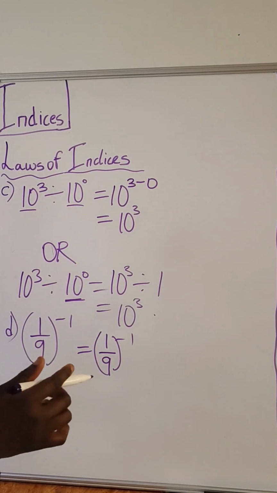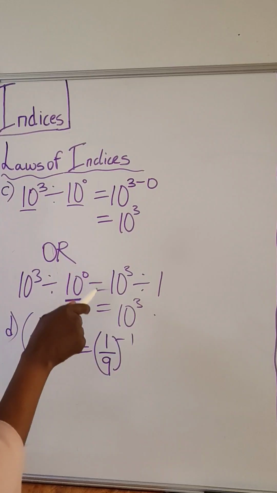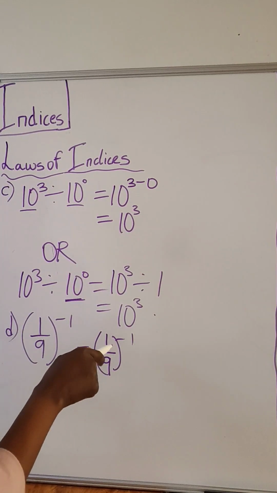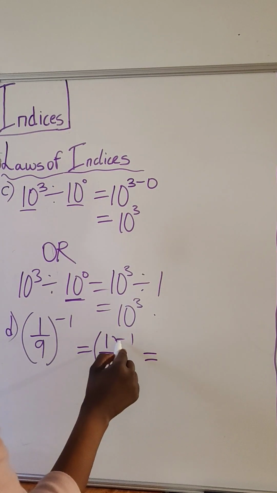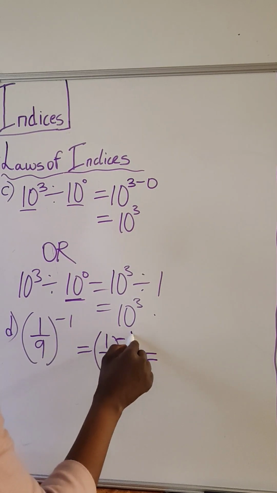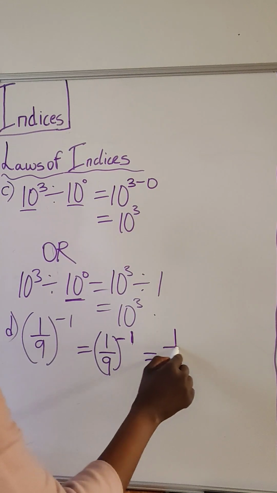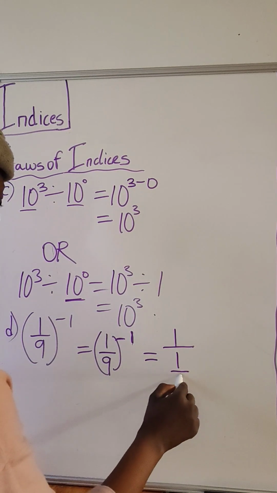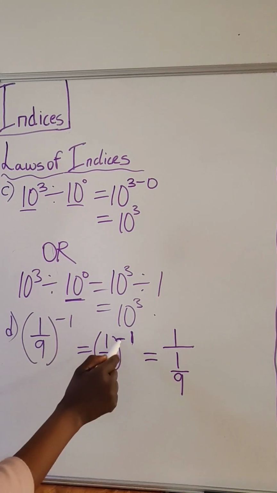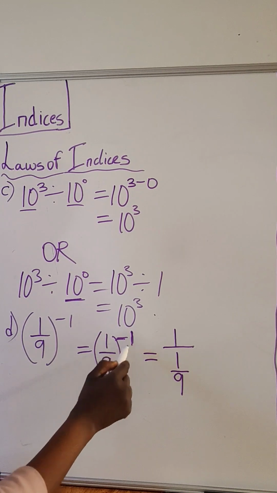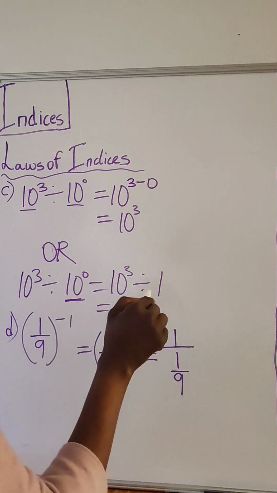According to the law, if we have it this way, it means that there is a 1 up for the actual value, which implies that this minus 1 power is going to introduce a 1 divided by 1 over 9 to this actual value. The actual value is 1 over 9, but this negative power will introduce 1 divided by 1 over 9.